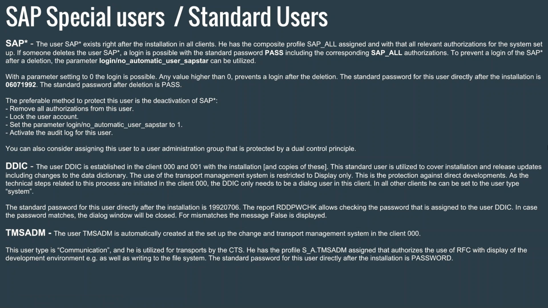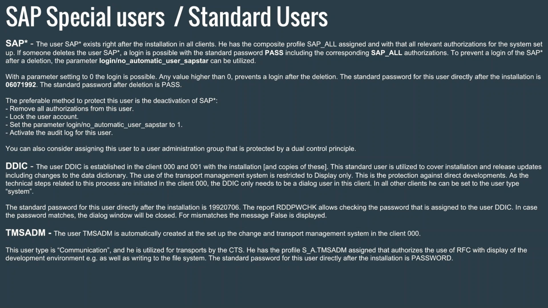The user DDIC is established in the client 000, that is the golden client, and 001 with the installation. This standard user is utilized to cover installation and release updates, including changes to the data dictionary. So during the installation of any SAP system, DDIC is used.